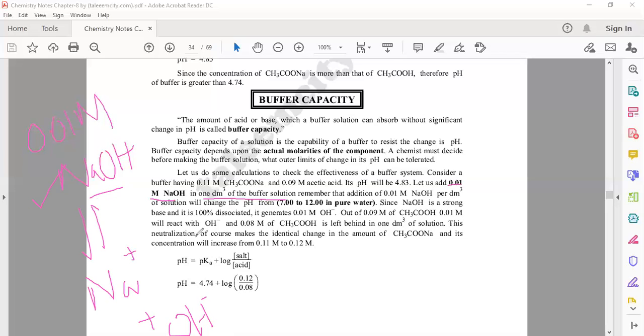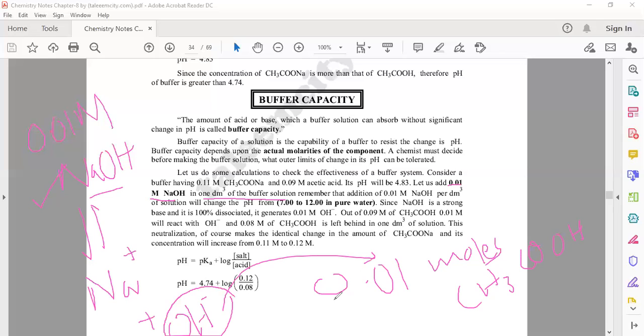Only 0.01 moles of CH3COOH. This is an acid, and here you can see this is a base. OH negative ions are basic, so they will react.